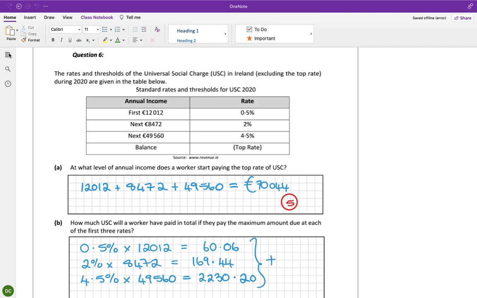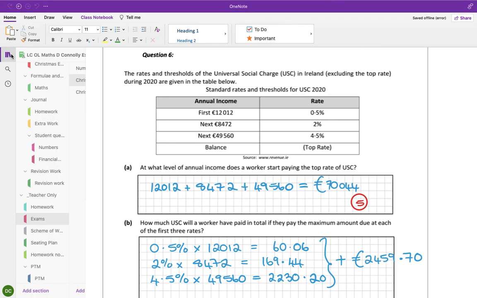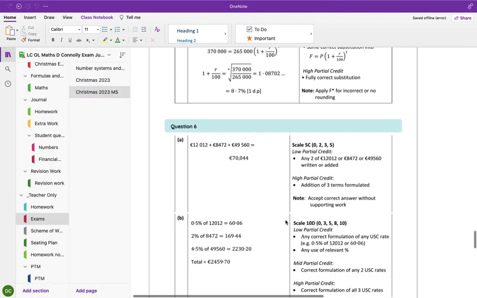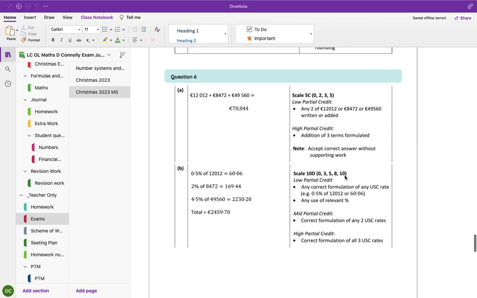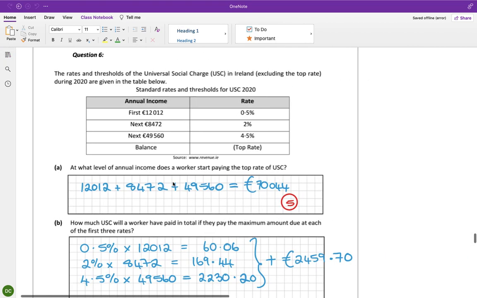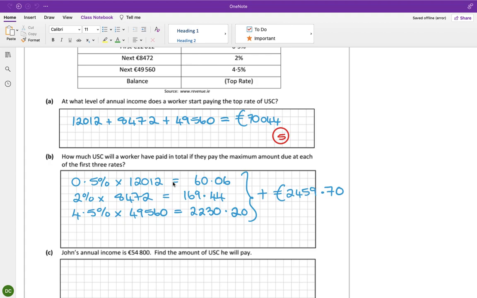So 169.44 plus 60.06 plus 2230.20. The calculator says 2459.70. So that's 70 cent. 2459.70 is 10 marks for that one.